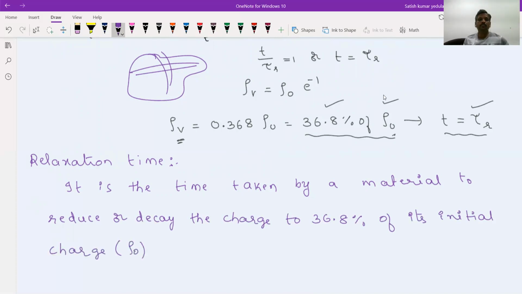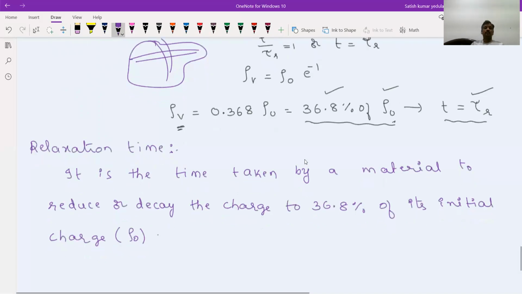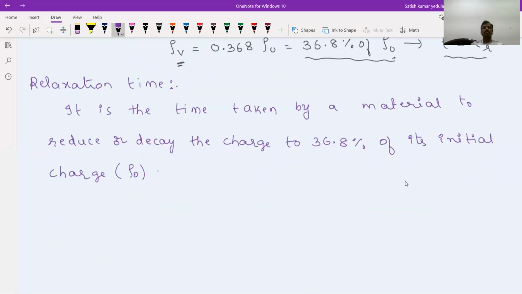Initial charge is rho naught or rho v naught here. The relaxation time is the time taken by a conductor or material to reduce or decay the charge to 36.8 percentage of its initial charge. And this is the definition of relaxation time.